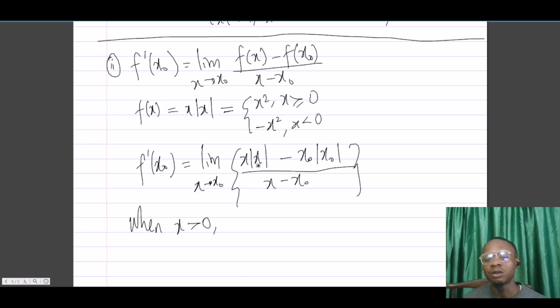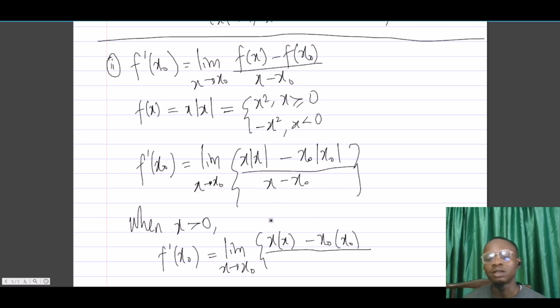Then we use that definition right here, and we will use the same expression here and then simplify. So f prime of x naught will be equal to the limit as x approaches x naught of x multiplied by x minus x naught multiplied by x naught, because when x is greater than 0 and x is approaching x naught, this is positive, so the modulus of a positive number is x. The modulus of x naught is also x naught.